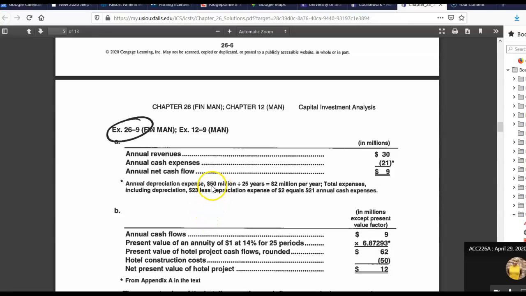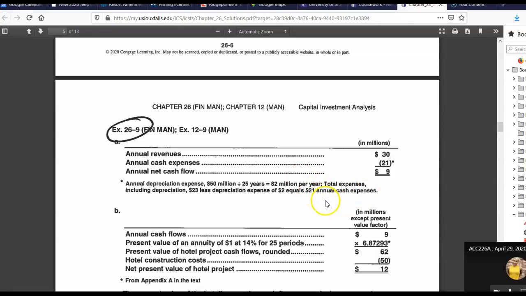So if we have a $50 million hotel, it has a 25-year life, that is 2 million of depreciation each year. So knowing that all the expenses is 23 million, taking away 2 million of depreciation is a cash flow of expenses of 21 million.